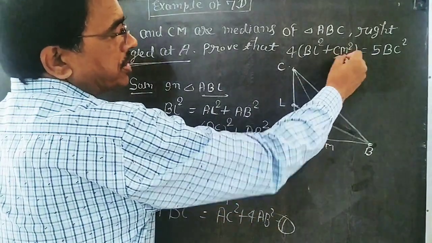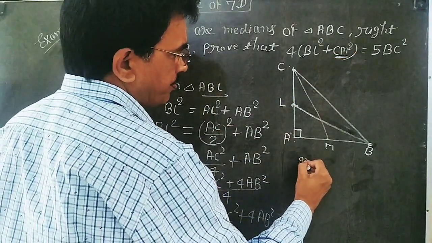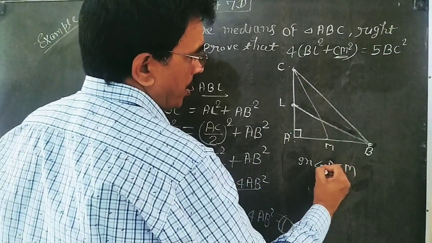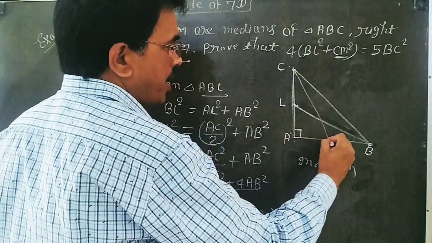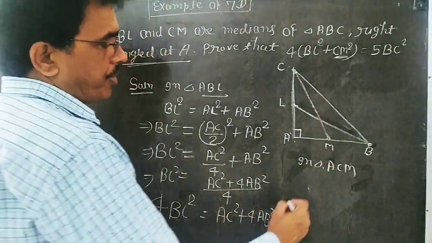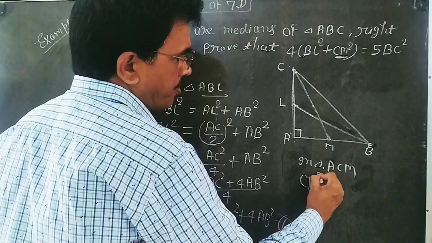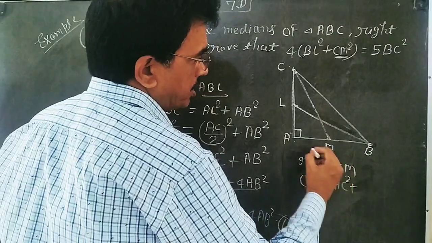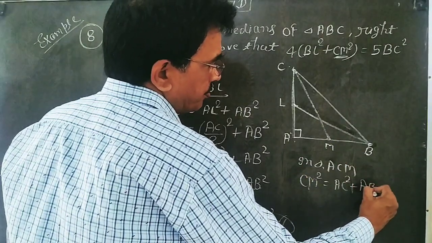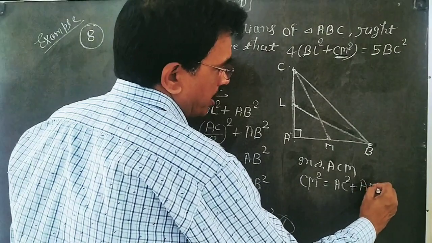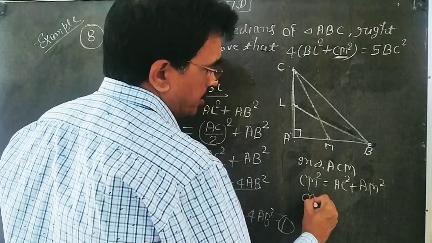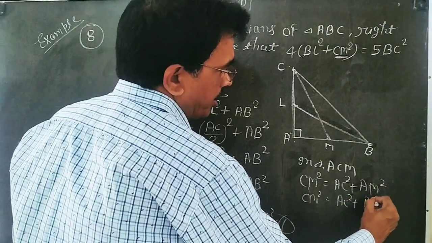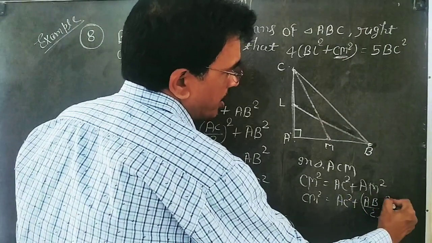Similarly, next we find CM. In triangle ACM, CM is the hypotenuse. So write CM square is equal to AC square plus AM square. Next, CM square is equal to AC square plus AM, and AM you can write as AB by 2 whole square.